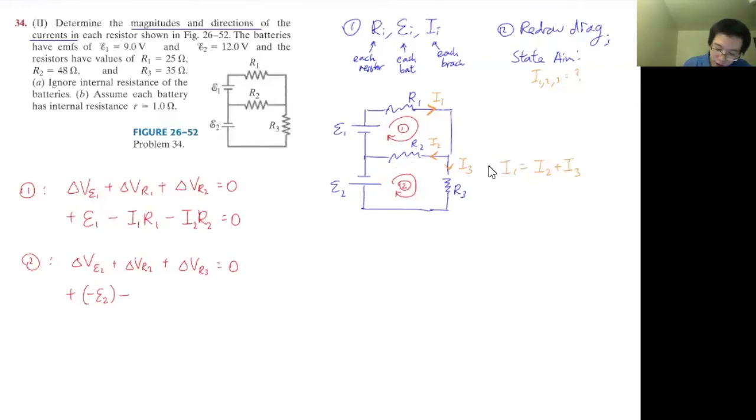So we need to account for that by putting an extra negative sign in front of I2. The first minus sign tells me that any resistor causes a potential drop, but my guess of the current is going this way, opposite to which way I've made positive for my loop. So we account for that with the extra minus sign.